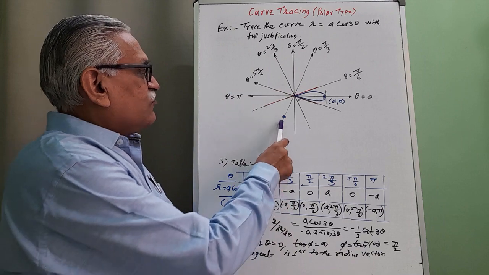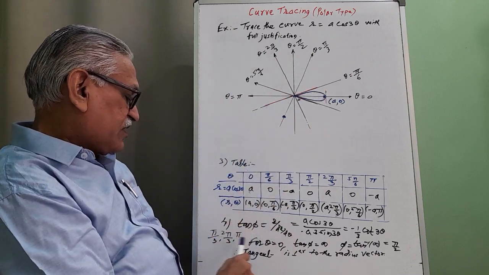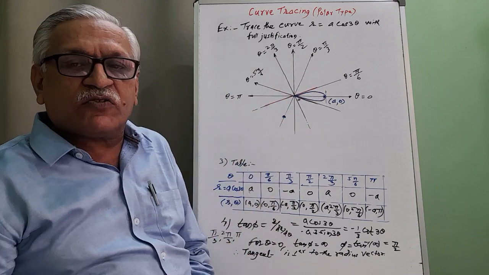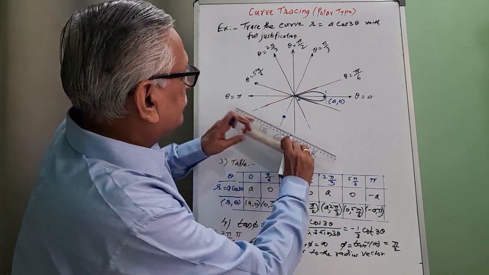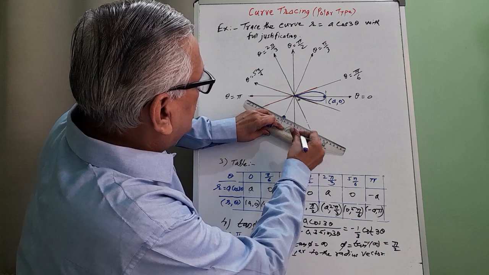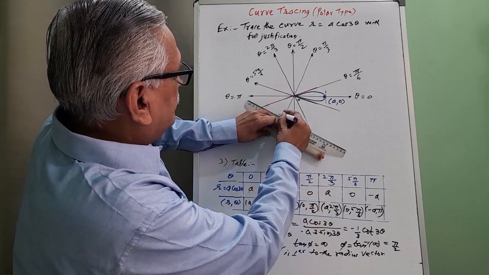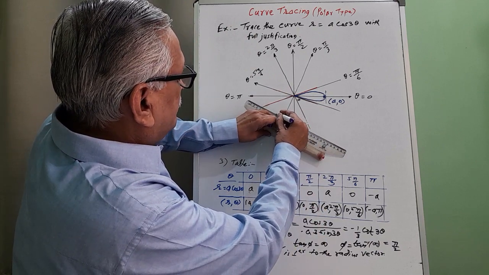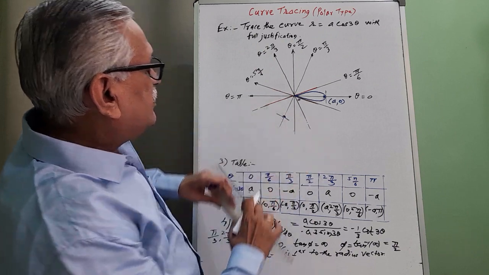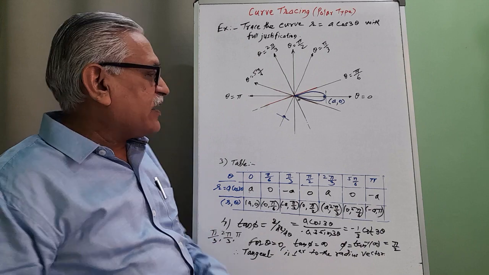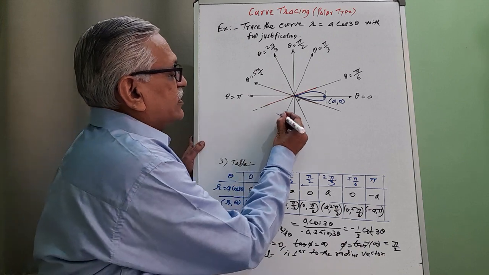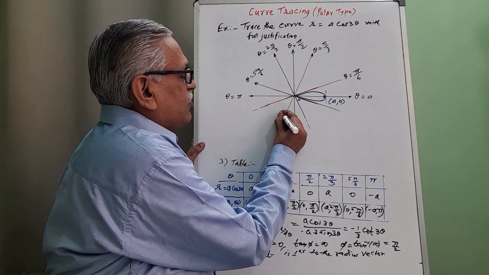Once again, for theta equal to pi by 3, the tangent is perpendicular to that radius vector. Therefore, we make a perpendicular tangent. And due to this perpendicular tangent, the shape of the curve is slightly parabolic. Therefore, once again, I will show a slightly parabolic part here.